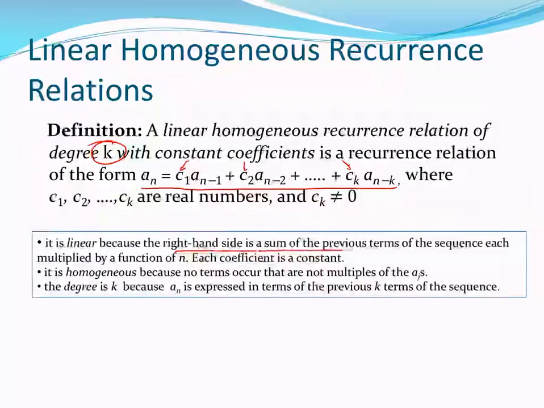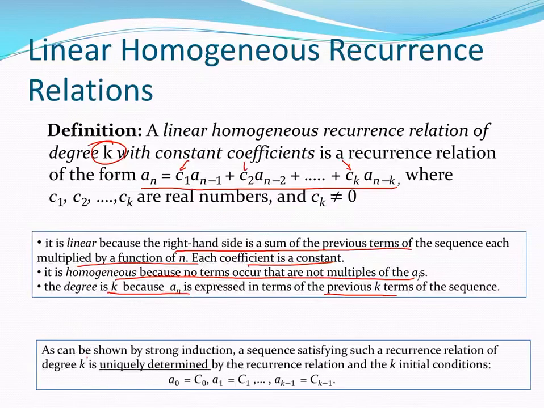It's linear because the right-hand side is the sum of previous terms multiplied by a function of n, and in our case, they're all constant. It's homogeneous because no terms other than prior values of the sequence are in it. And degree k because it's expressed in terms of the previous k terms, or reaches back to the kth prior term.